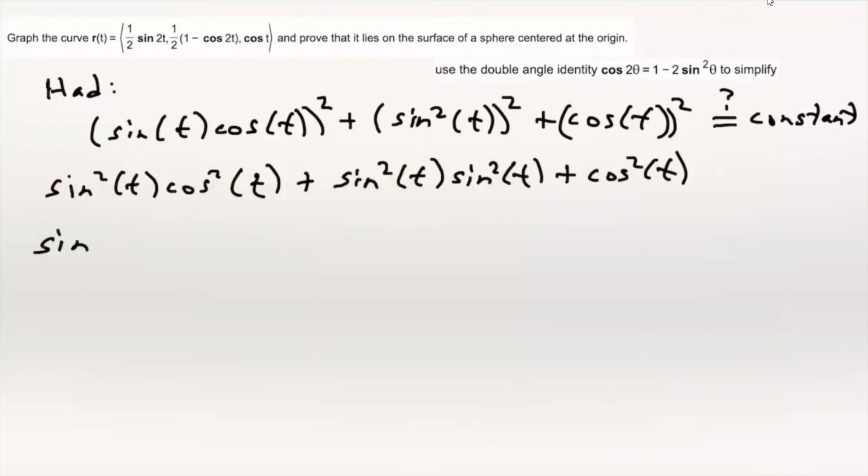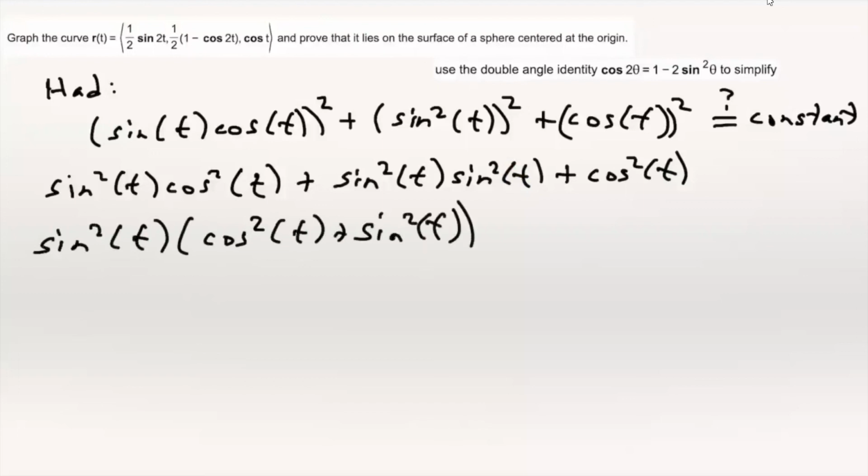So let's write this now as sine squared t times cosine squared plus sine squared, plus cosine squared t. Oh, look at that. This equals 1 by the Pythagorean identity. Sine squared plus cosine squared is 1.